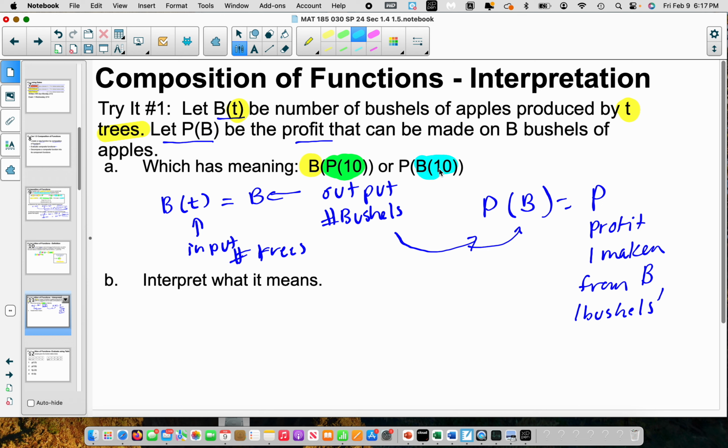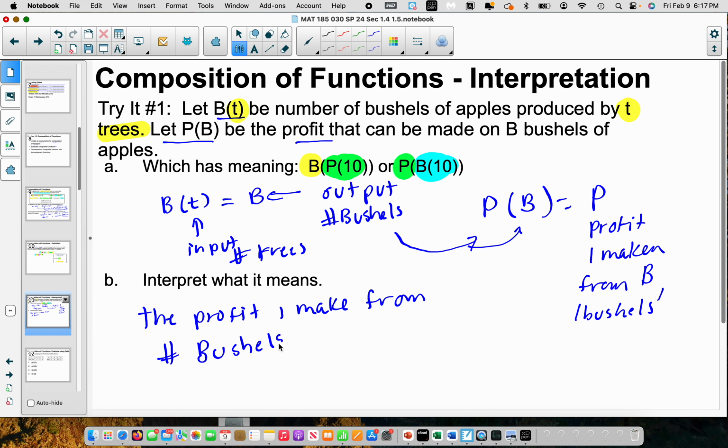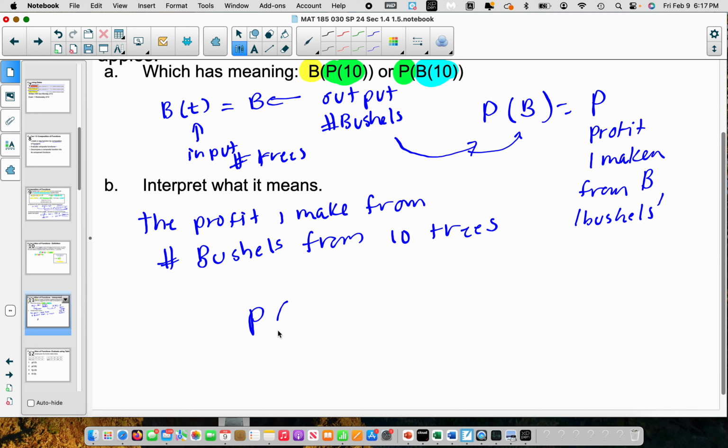Let's look at the other function. This one says the bushels of apples I get from 10 trees would then be input into my profit function. That one makes sense. If I say that in words, the profit I make from the number of bushels from 10 trees is equal to P of B of 10.